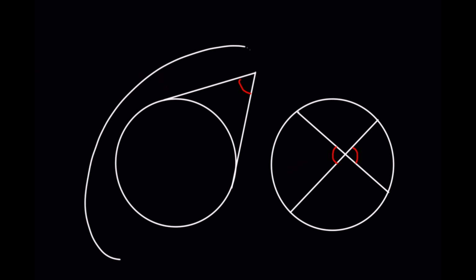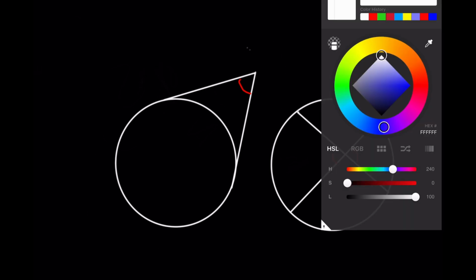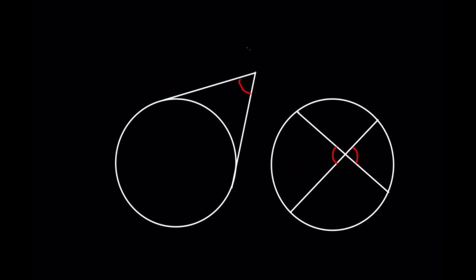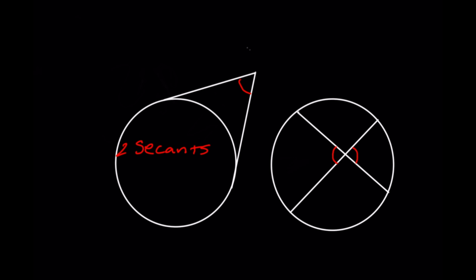The first one, we have the angle outside, like wherever it intersects. But this one would either be a secant plus another secant, so two secants, or a secant plus a tangent, or two tangents.